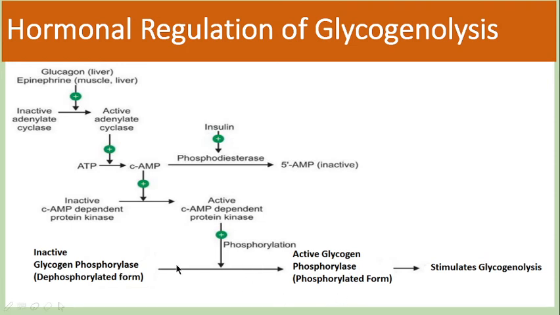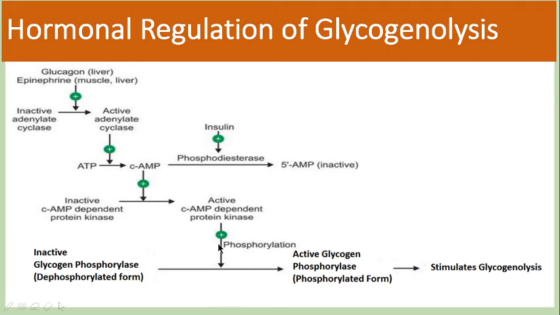The phosphorylated form of this phosphorylase enzyme is the active form. Remember, okay? Whereas the phosphorylated form of glycogen synthase is the inactive form. Here, glycogen phosphorylase is active only in the phosphorylated form, whereas it is inactive in the dephosphorylated form. So protein kinase's role is to phosphorylate whatever enzyme comes closer.